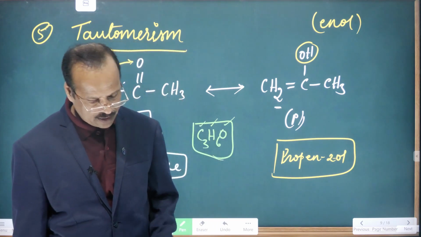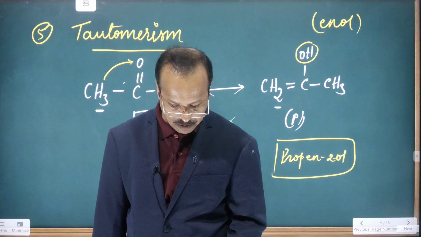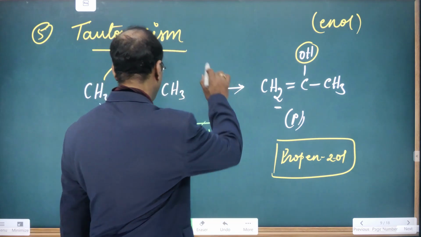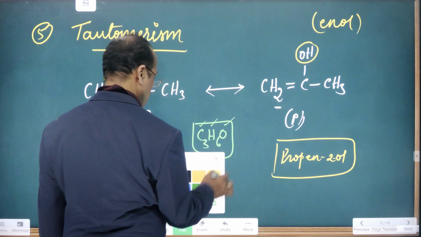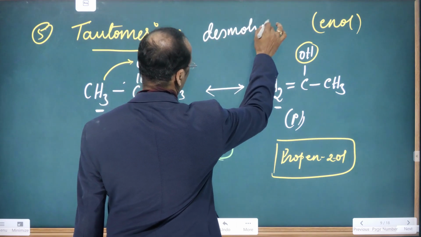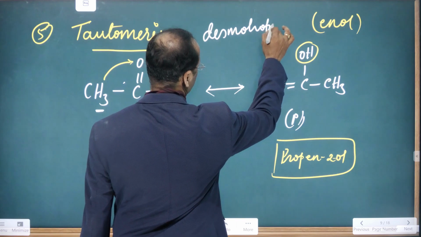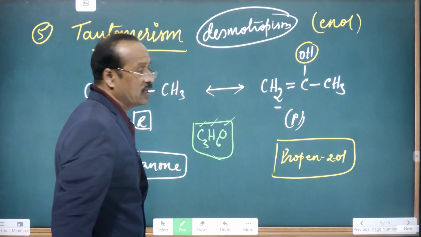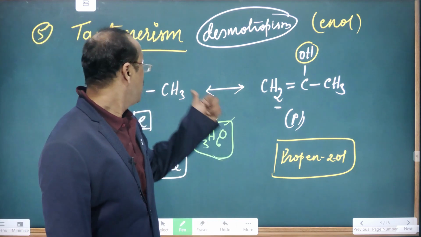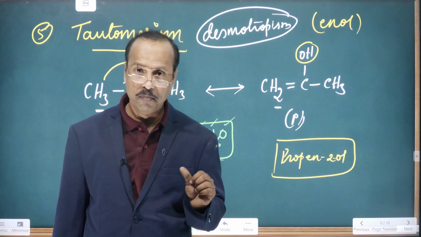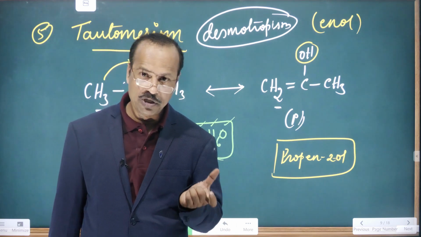One more important thing: sometimes tautomerism is also called Desmotropism. Why is it called Desmotropism? Because in the Greek language, desmo means bond, and tropos means turn.